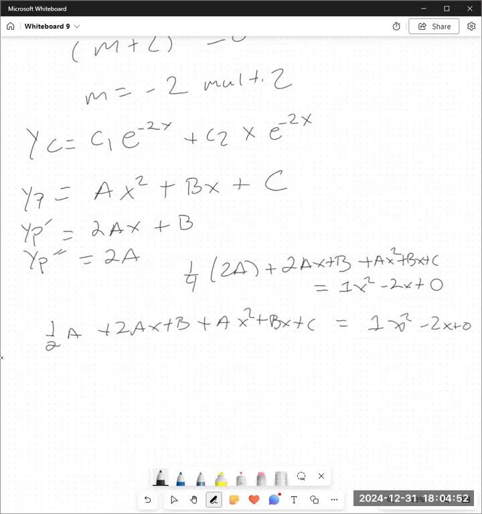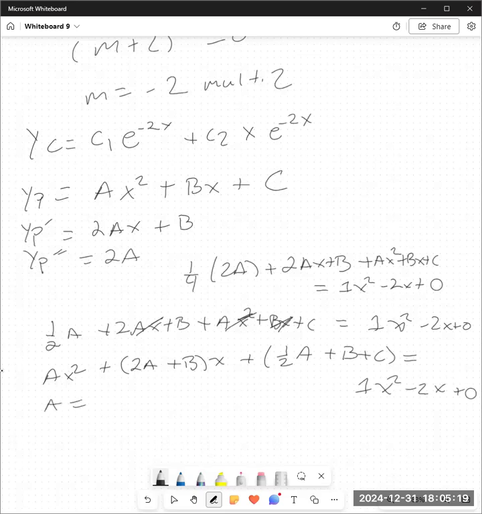Let's get everything in descending order on the left-hand side. ax squared plus (2a plus b)x plus 1/2 a plus b plus c is equal to 1x squared minus 2x plus 0.